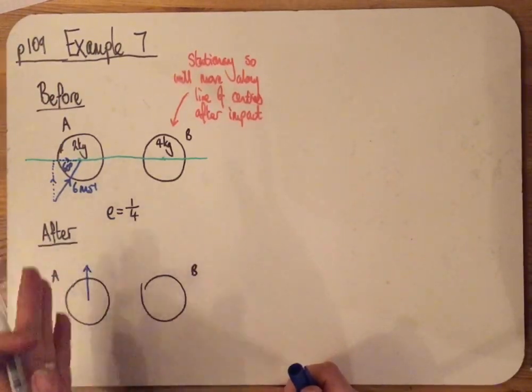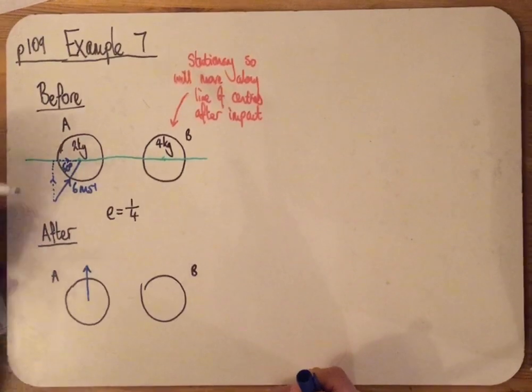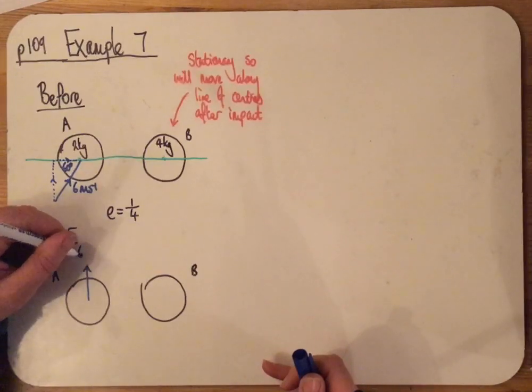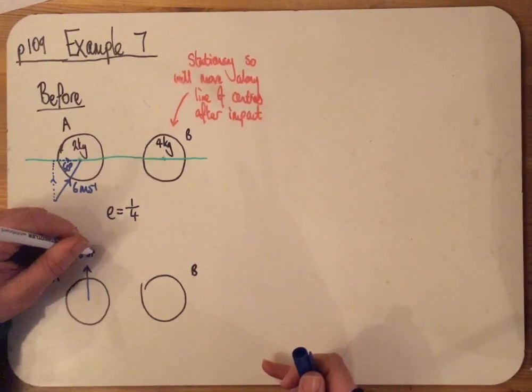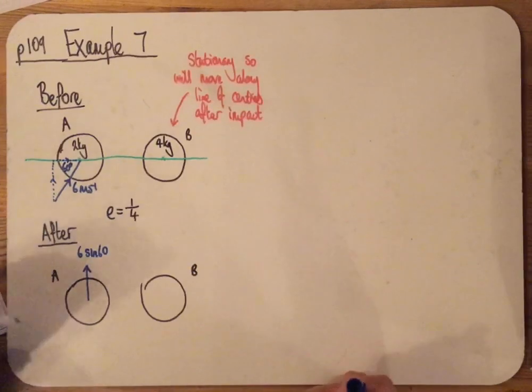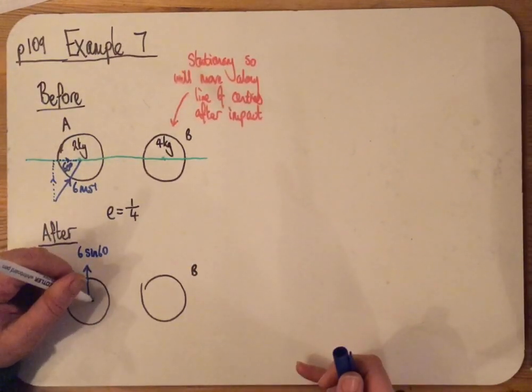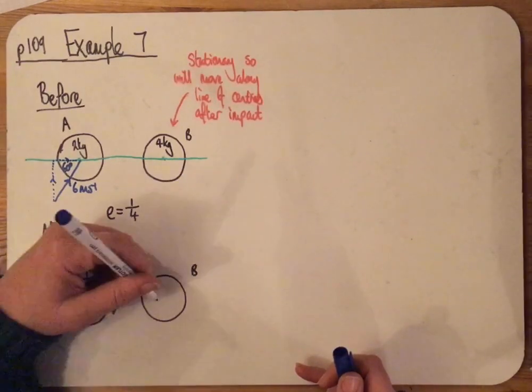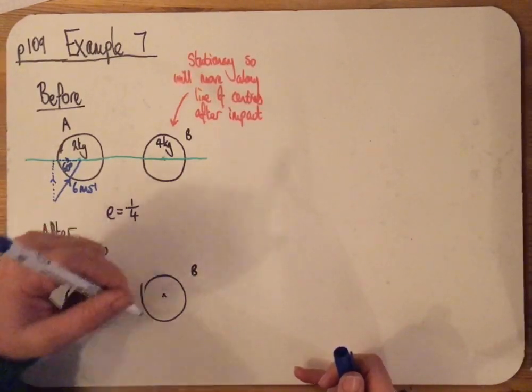Well, it won't be moving in this direction, but the component in this direction will be 6 sin 60, because that remains unchanged. We need to find the component in this direction, which I'm going to call V, and we also need to find out what's happening to B.